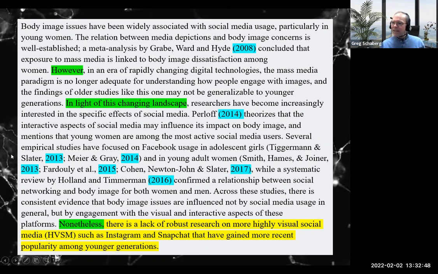And then there was a systematic review by Holland and Timmerman in 2016 that confirmed the relationship between social networking and body image for both women and men. So in a very brief time, that individual talked about the studies that she will discuss, and where everything started historically and where the conversation was at the time that she wrote this.